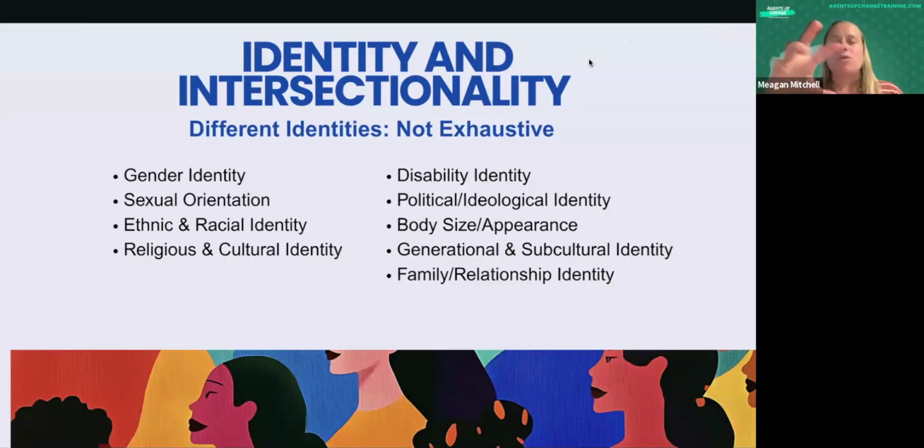I think oftentimes we pick up on the big ones, right? I'm thinking of racial identity, sexual orientation, gender identity. We went even deeper, and we went into some of these less talked about identities. So I just want you to take a look at these identities here on the screen. What are some that you really don't think about when you're conceptualizing clients' cases often?